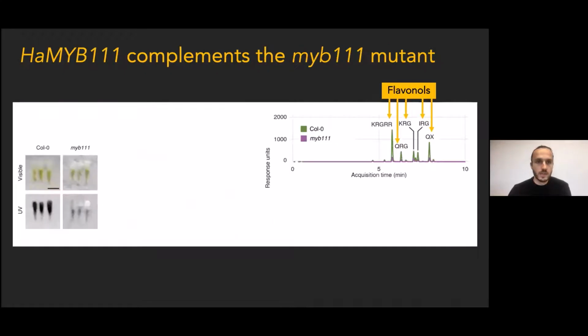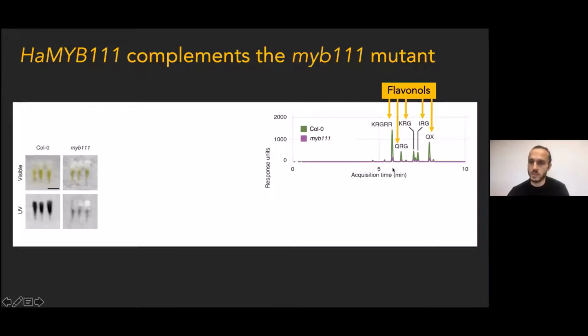And that is also reflected when you look at the accumulation of flavonols. You have different flavonols accumulating in the petals of Arabidopsis, and in green you have the wild type, so you have a lot of this. These are chromatograms in the UV, so what you see is what absorbs in the UV in the extract of these petals. You see that most of the UV absorbing chemicals are flavonoids in Columbia, the wild type plant.